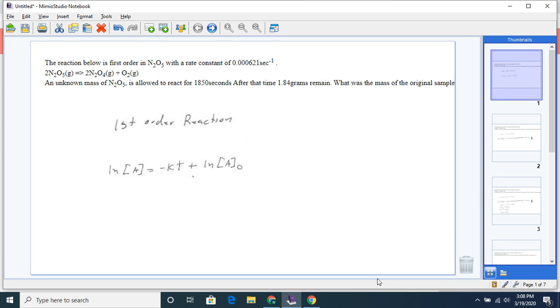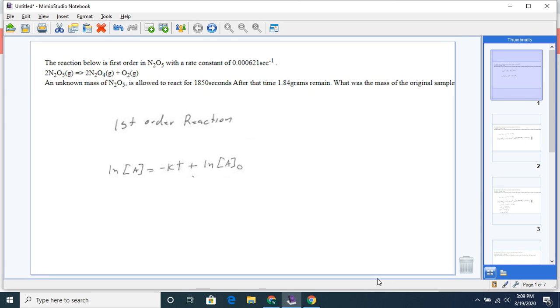A first order would be the comparison between time and the natural log. We've had it as the inverse quantity, but a first order, if you look on page 489, is a natural log. And then a second order would be looking at time versus the inverse of the concentration.